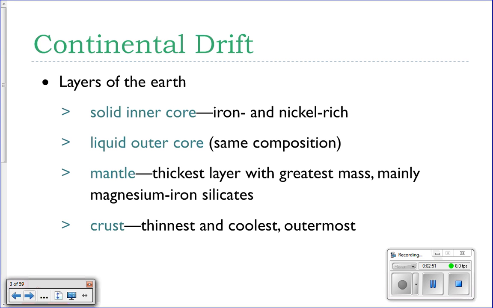Okay, so if you've ever seen a volcano explode in real life or on TV, all of that stuff that's spewing out, that red stuff, that's magma. Okay, that's what's in the mantle. And then the crust, we like the crust, that's what we live on. Okay, that's the outermost layer, this is the thinnest, and it's the coolest, which is good because we can't survive in liquid rock.